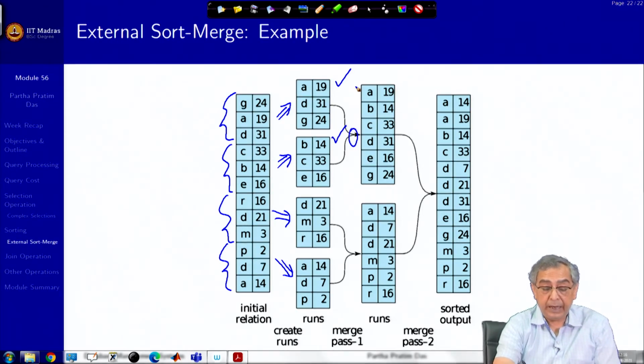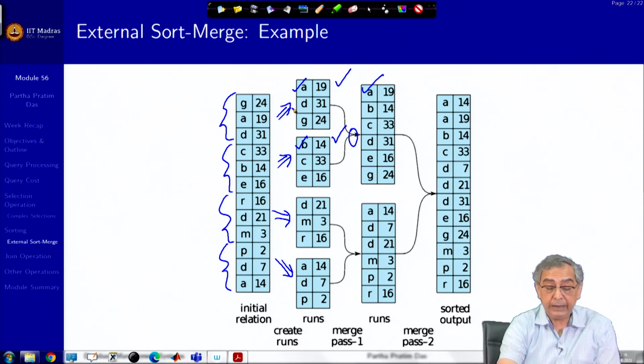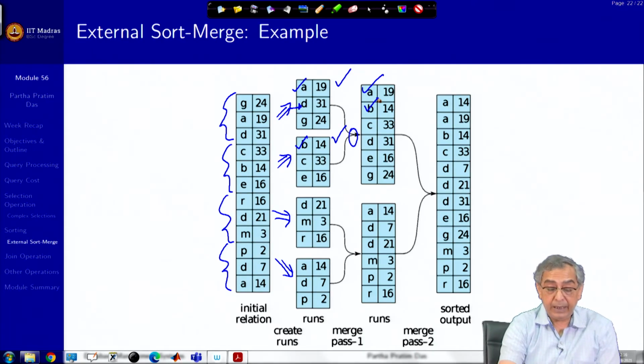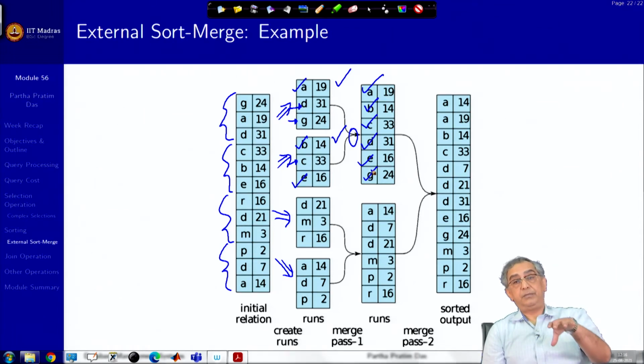A is the smallest in this run, and this is the smallest in this run. So, you put A, which is smaller than the two, then between D and B you put B, then between D and C you put C, then you put D, then you will have E, and so on. So, you merge them.